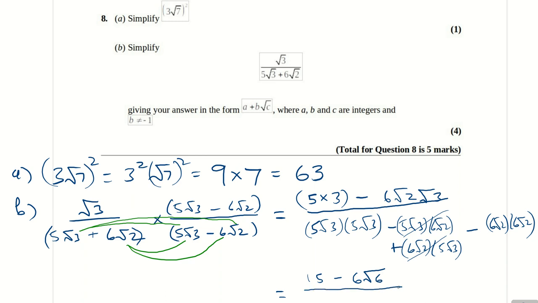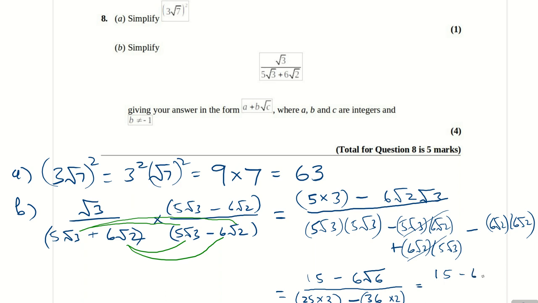Now what have we got on the bottom? 5 root 3 times 5 root 3 is 25 times 3. Okay, the middle ones cancel out, and minus 6 root 2 times 6 root 2 is the same as 6 times 6 times 2, which is 36 times 2. So we've almost done it.